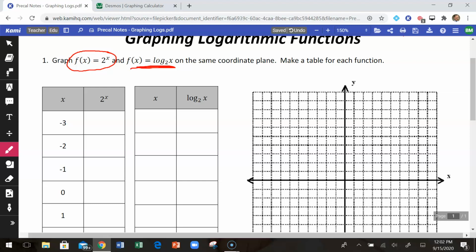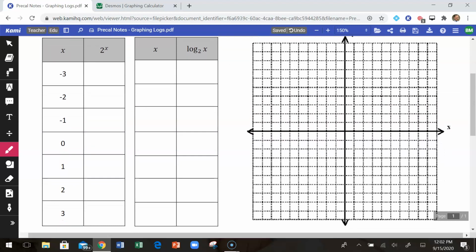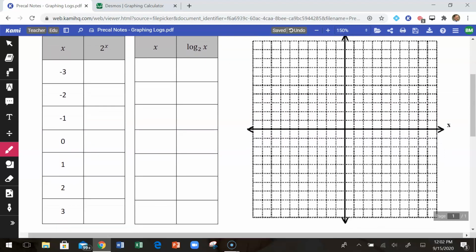So if I were to fill in this table for 2 to the x, again we would have here 1/8, 1/4, 1/2, 1, 2, 4, and 8. Again, plugging those in for the exponent for 2 to that power. When you graph a logarithm and an exponential, those are inverse functions of each other.